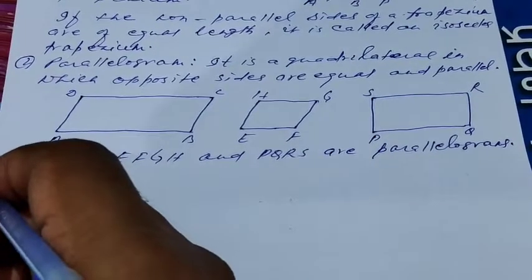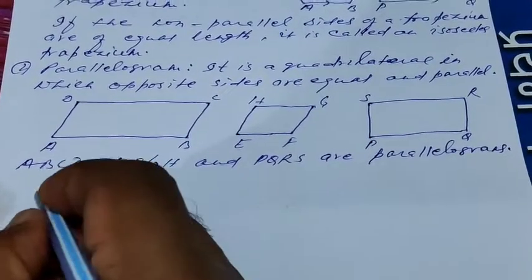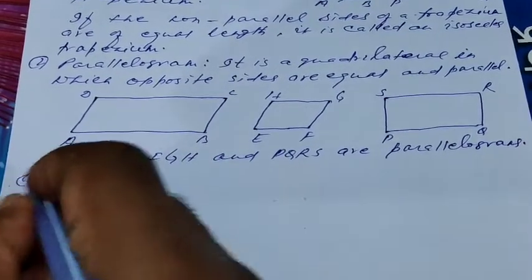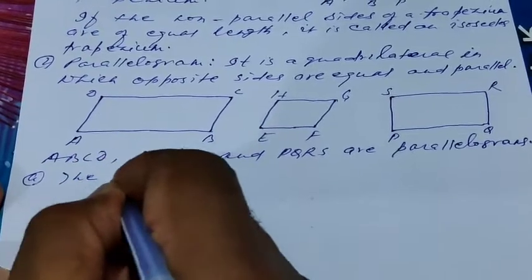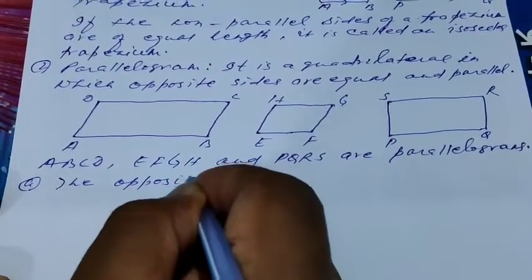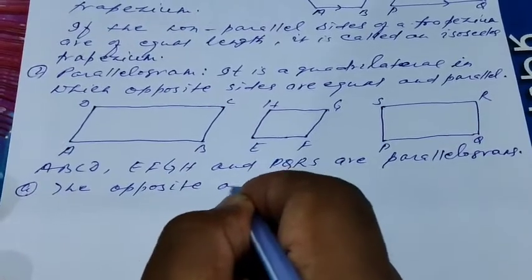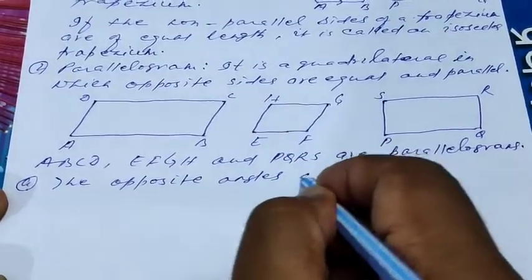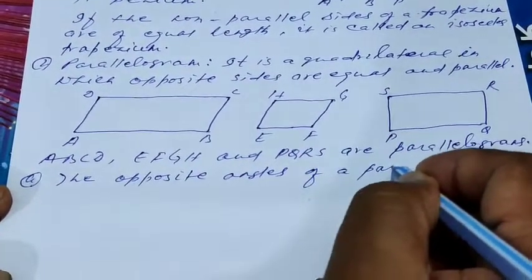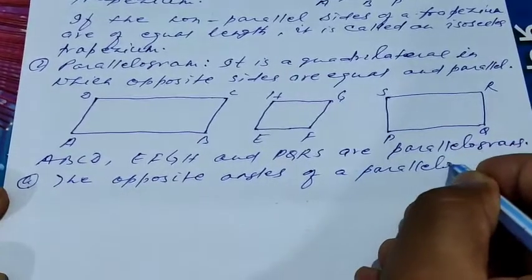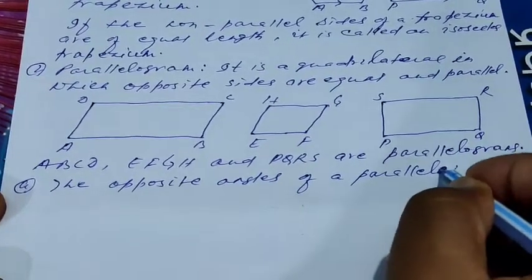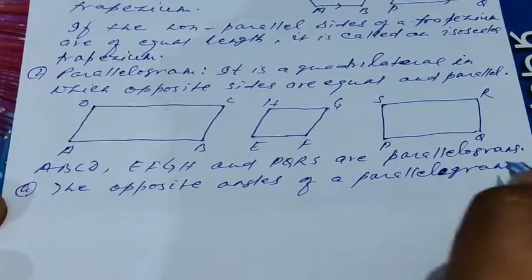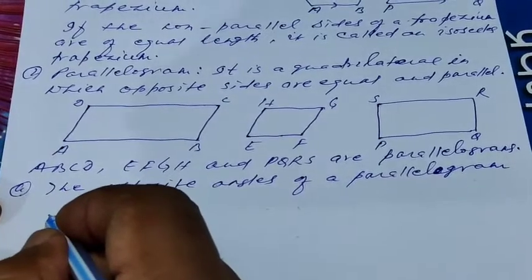These are the properties of a parallelogram. A: The opposite angles of a parallelogram are of equal measure.